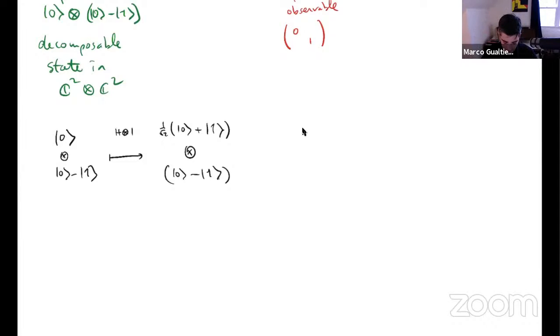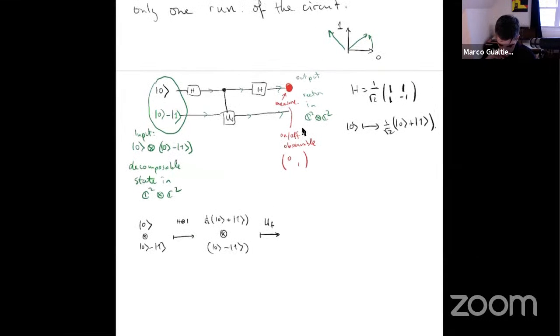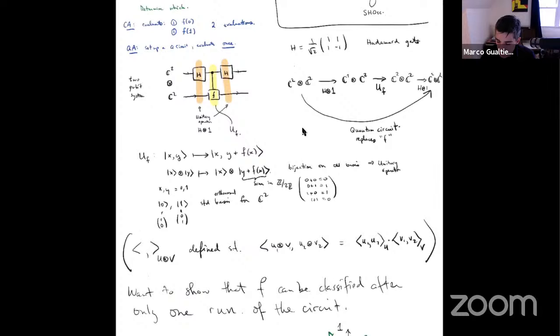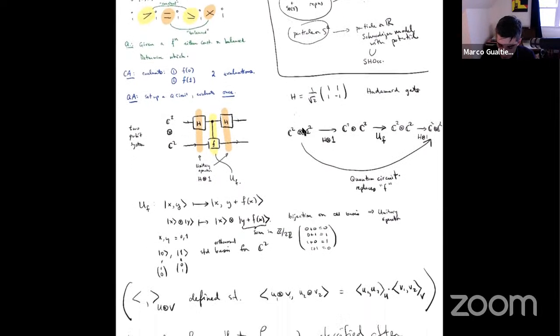It doesn't matter. Okay, and then I need to apply this controlled application of F. So, well, we saw what F does.